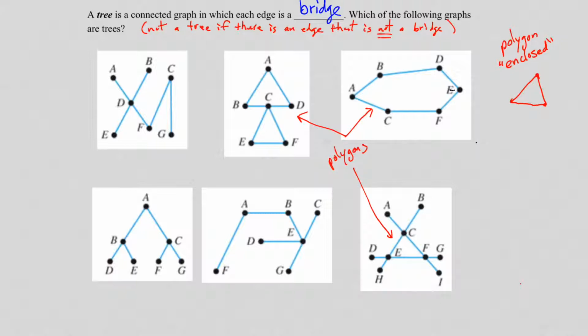Which means if you remove one of those edges, you can still get to all the other vertices without any problem. So those are going to contain edges that are not bridges. So in conclusion, if you see some polygons, this is not a tree. This one's not a tree. And this one's not a tree.